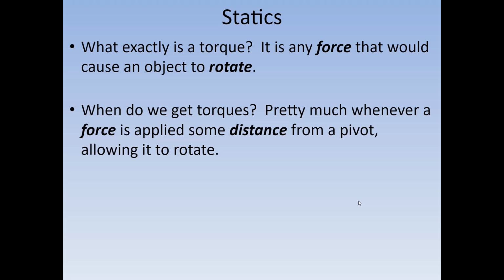You might cause it to move translationally, but it won't actually rotate. So that's why you have to have your force applied on the other side, away from the hinge, in order to open up the door. And then once you apply that force, the door will actually rotate. Therefore, your force will act as a torque to cause it to rotate.